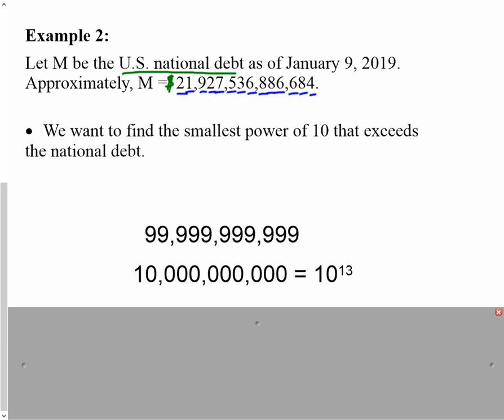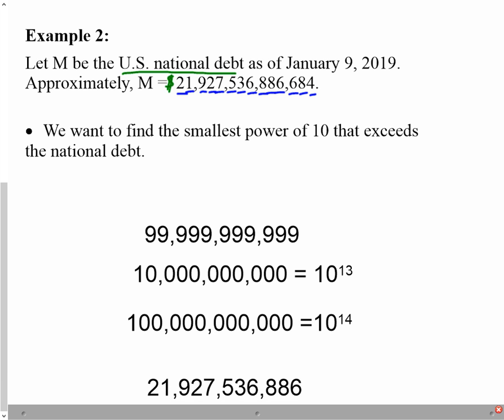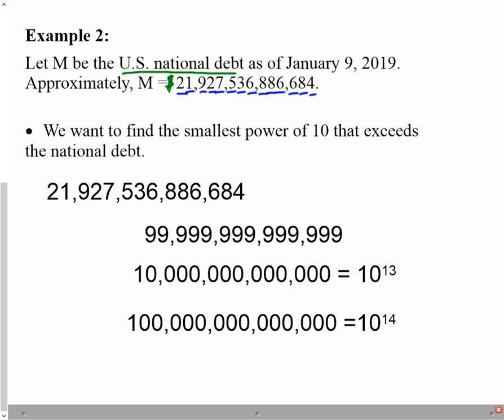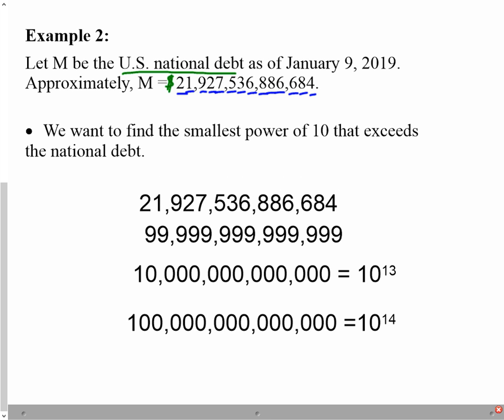So let's look at some different numbers here. Our debt is 21 trillion something something something. So I just wrote out some numbers here. If we were to take a number that has the same amount of digits and all nines, it would be 99 trillion 999 million 999,999,999.